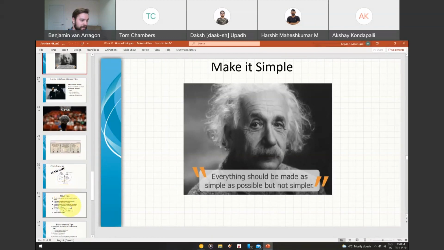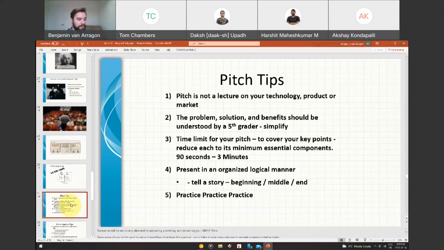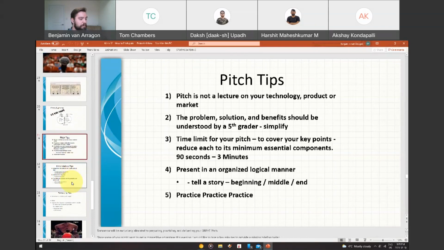So that's actually one of the next tips coming up here, the language that you choose to use. You want it to be understood by a fifth grader, basically. You want it to be in simple language that can get them excited about it, even if they have no idea what that area of the market is like. Say when they go into Shark Tank or Dragon's Den, some of the billionaires are in fashion, some of them are in the food industry.